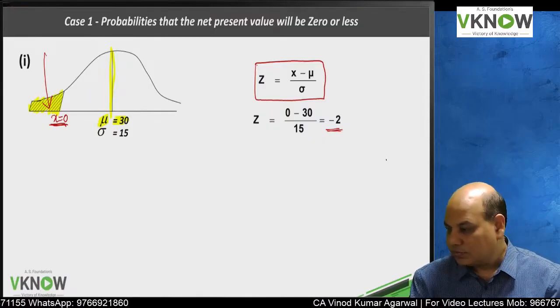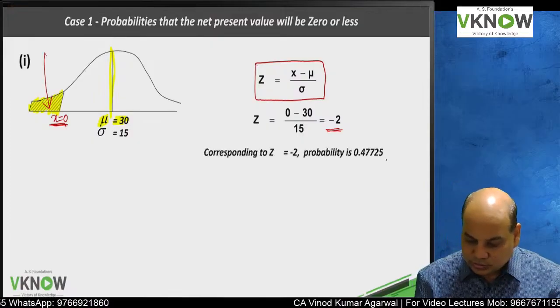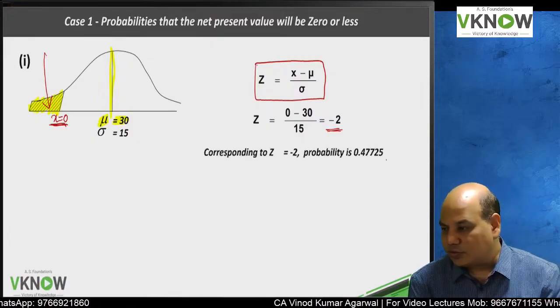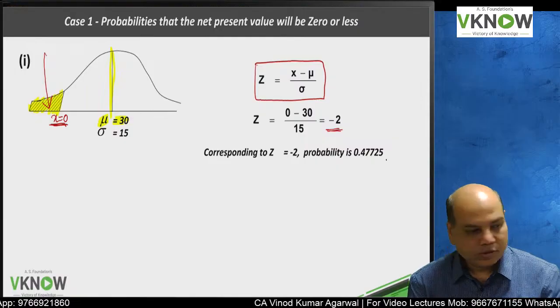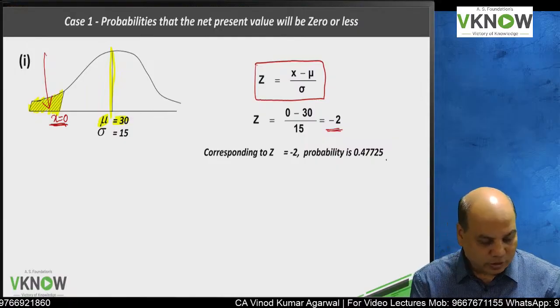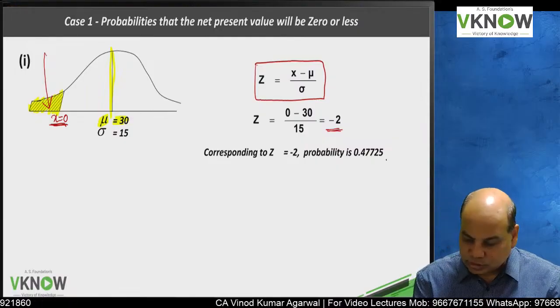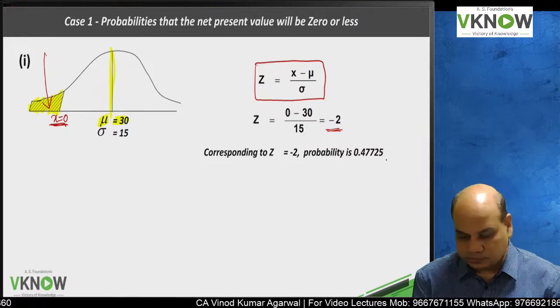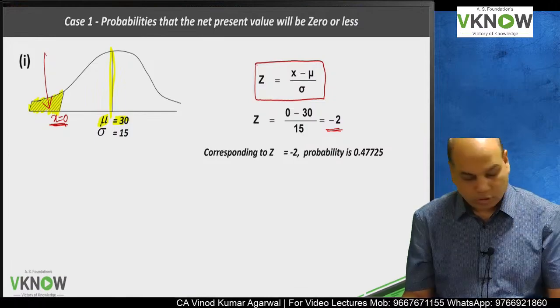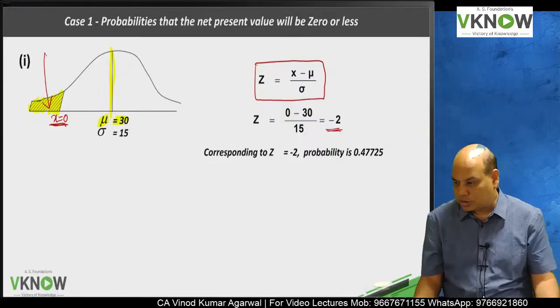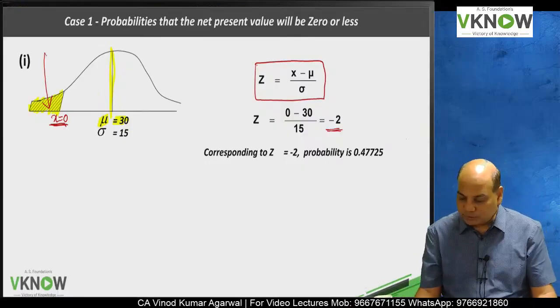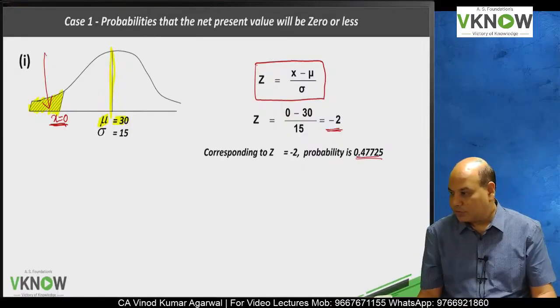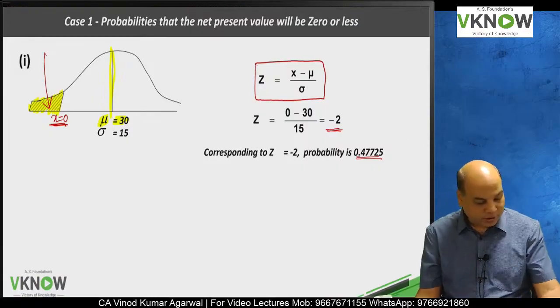0.47725 is there. So write down: corresponding to z equal to -2, you will find in the normal distribution table 0.47725. If you are able to locate it, please confirm.